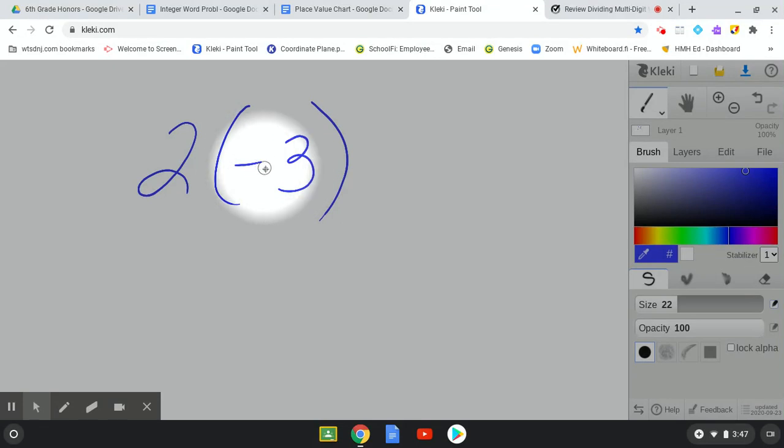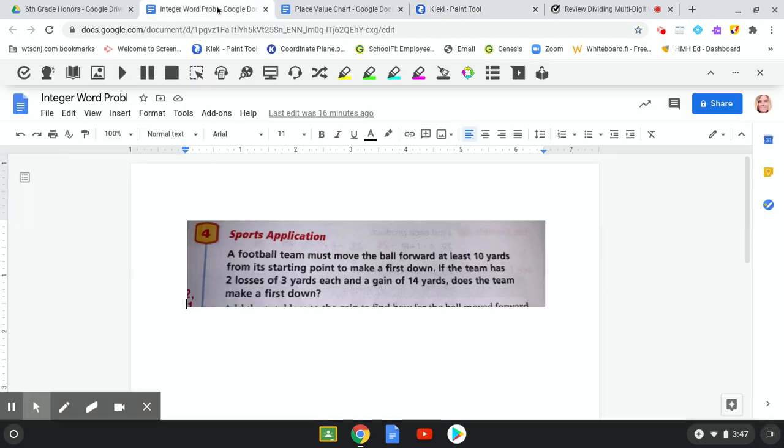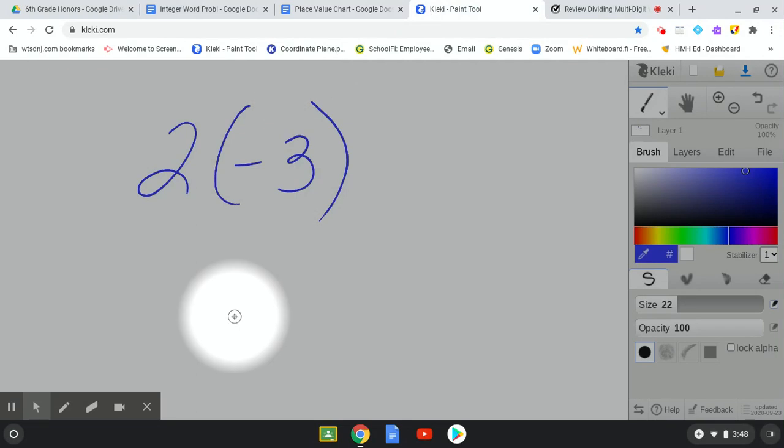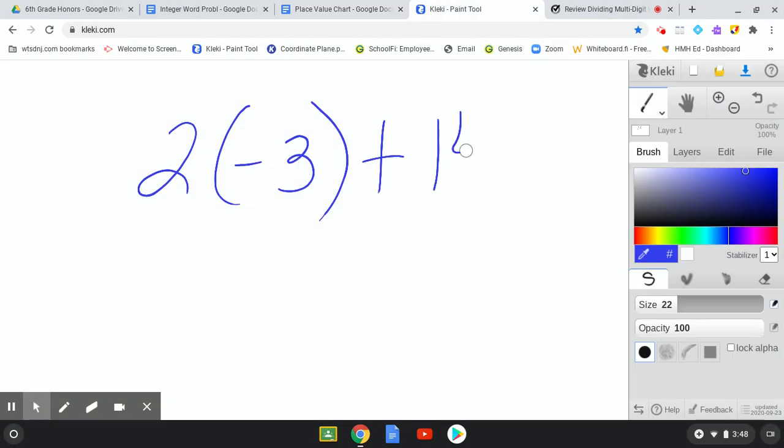So that's why I have a -3. And there were 2 of them. So I'm going to take 2 and I'm going to multiply it by a -3. That's just the first part. So let's go back to the problem. It then says they had a gain of 14 yards. Okay, so we know a gain is a positive. So then they had a gain of 14 yards. All right, so this is the problem we're going to solve and then answer the final question that the problem is asking. So let's work on this first.